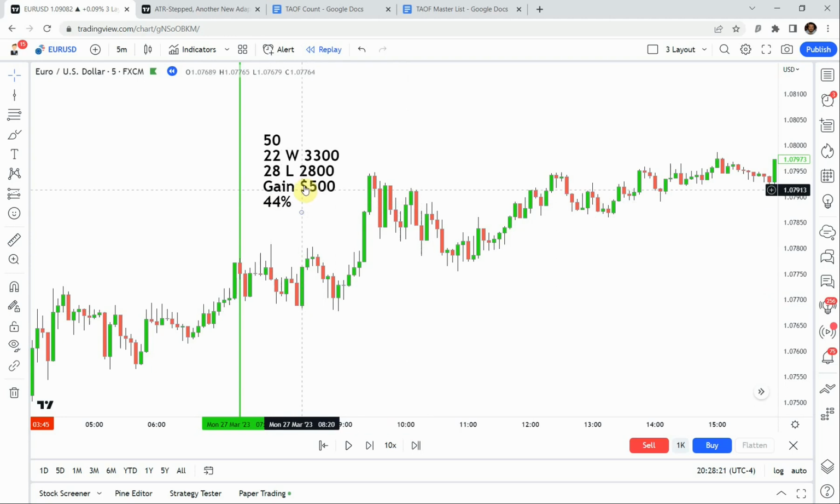And so while I do believe that this indicator would have given you a little bit of gains over the amount of time that we tested this, I think it was a week or two, I definitely think that there are better ways.